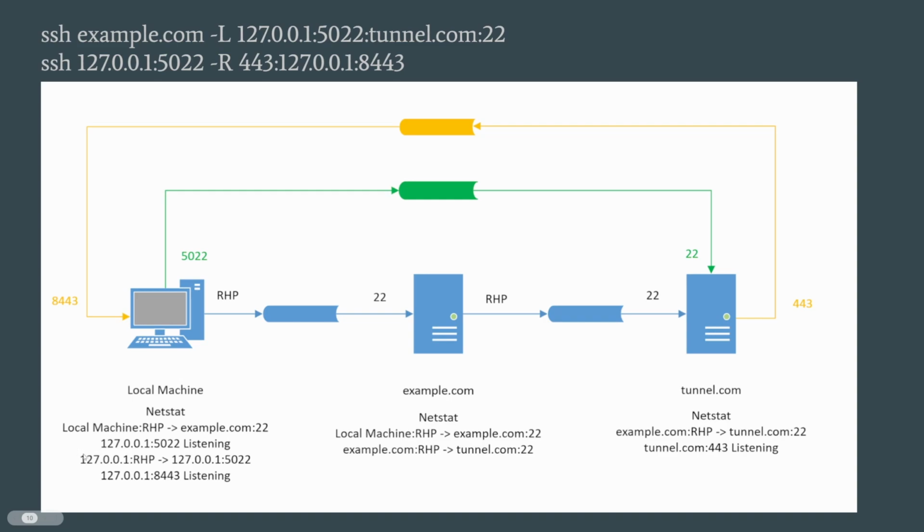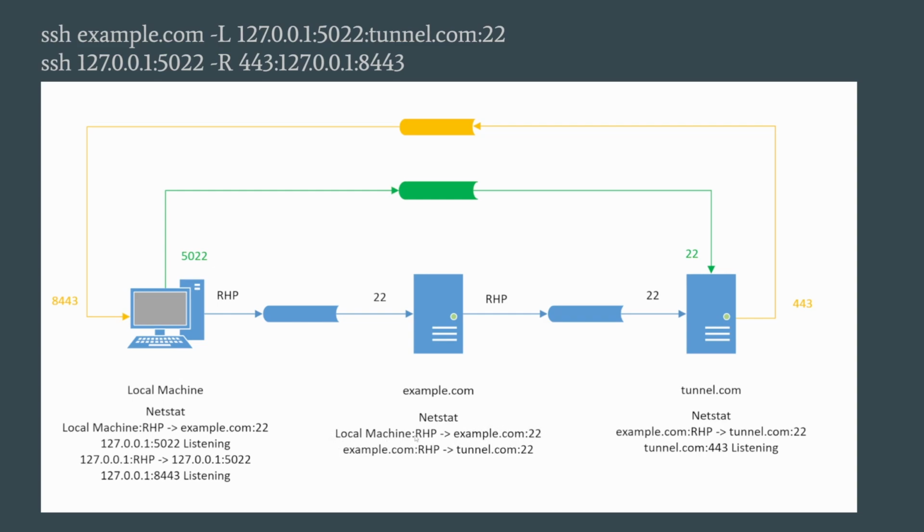And then you're going to SSH to that 5022 listening port, and that will set up the 8443 listening port, which will be accepting traffic of anything that hits 443 on tunnel.com.